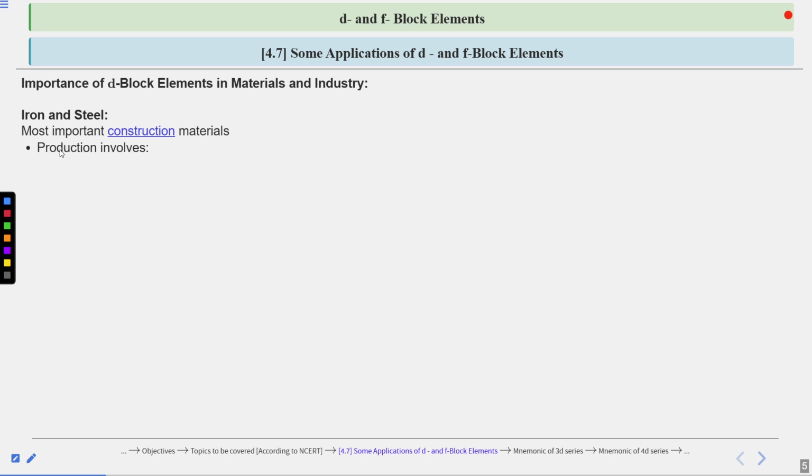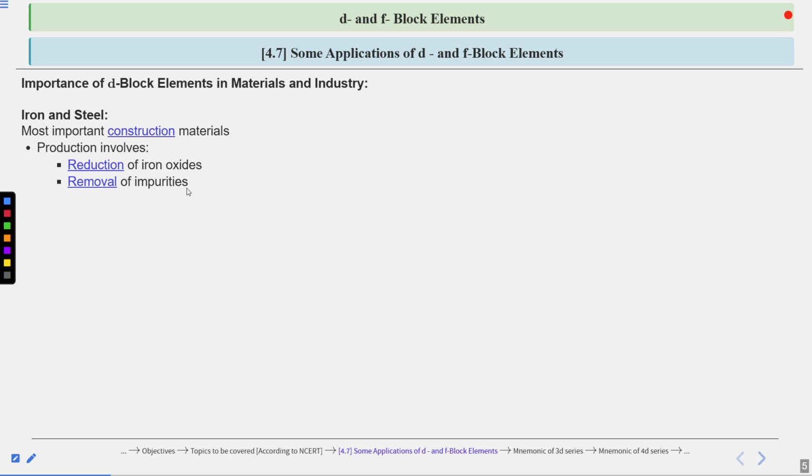Production involves, the iron and steel production involves the reduction of iron oxides. If we have iron oxides, you have to reduce them to get the iron from that.